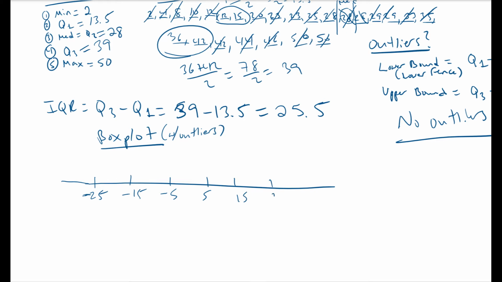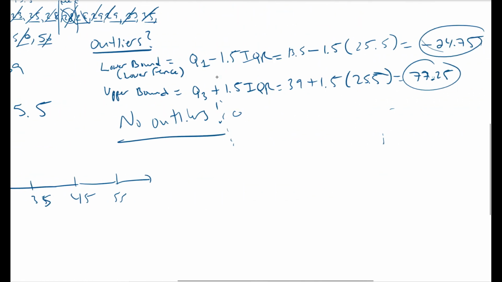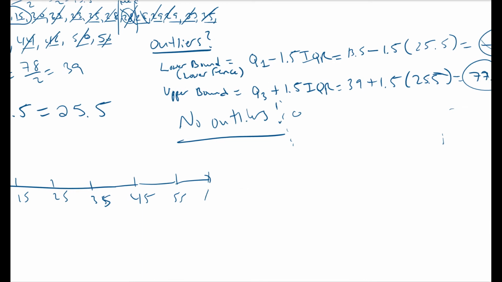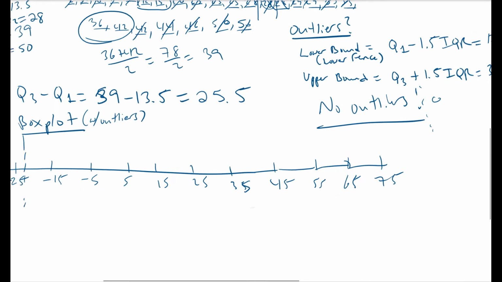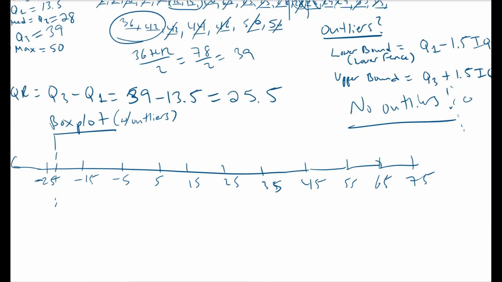It's up to you what you want to go by, but I feel this will make our number line shorter. Okay. So our lower fence is about negative 25. Our upper fence is about 77, so we'll need to go a little higher here. Okay, so about 77, so around here.